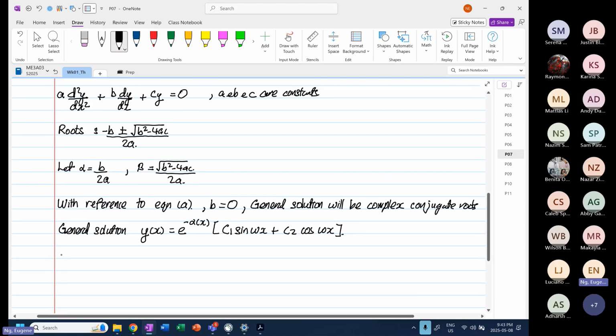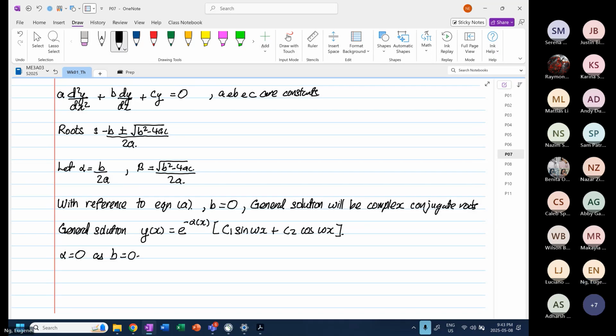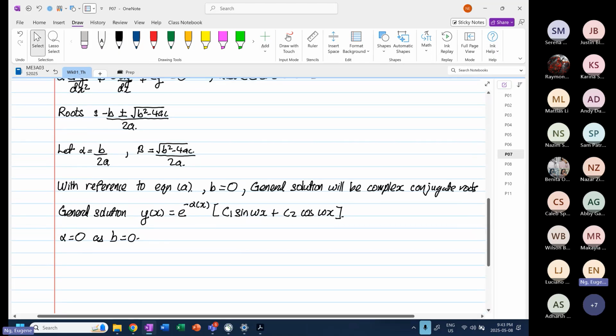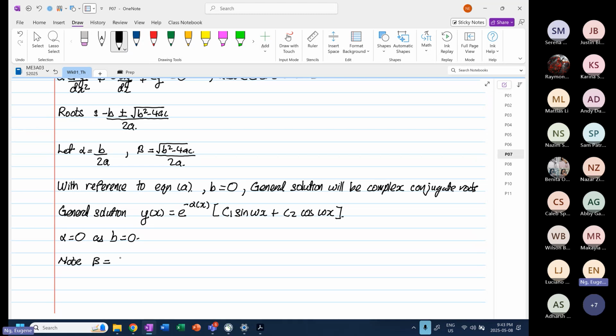However, we know that alpha is equal to 0 as b is also equal to 0, right? And take note that beta is equal to what? The square root of b squared minus 4ac divided by what? 2a. Yes or no?